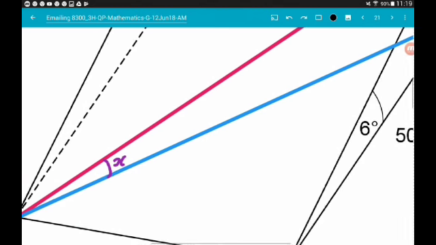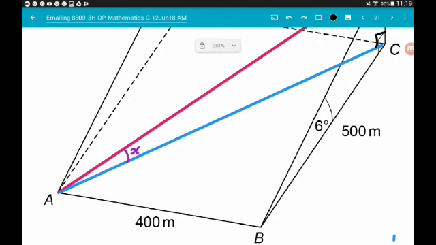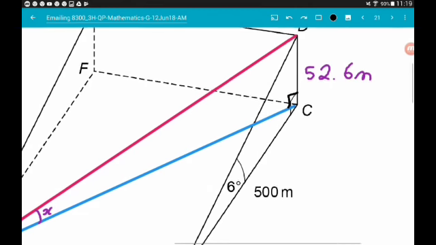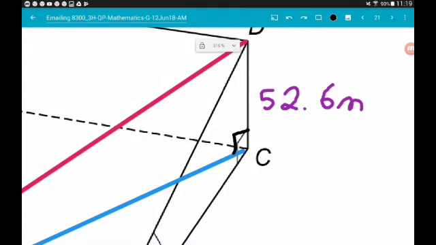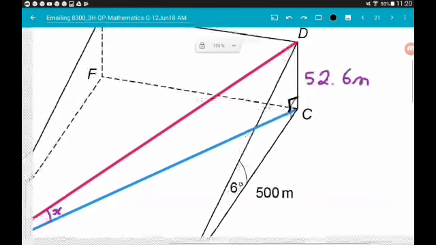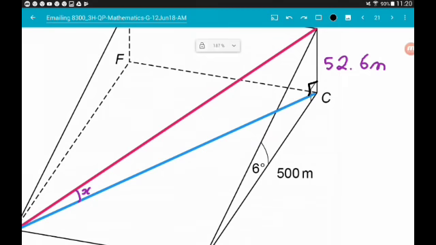I've also put on the line AC, which here is the blue line. Now it's important to realise that is the diagonal of the horizontal base. So we're dealing again with a right angle triangle here, and I've also put on the length that we worked out in part A. So we want to work out this angle x here.